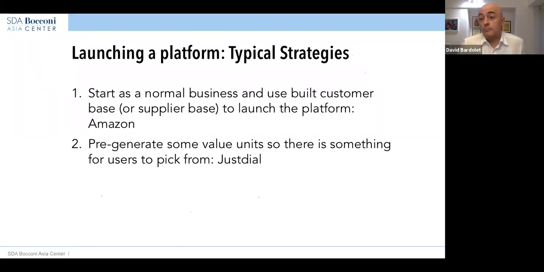If you have not built that initial user base, customer base, maybe you have to do it manually. What Just Dial did was, we don't have any business putting their information here, so customers can look for a basic service on Just Dial. So we're going to input these businesses by hand.